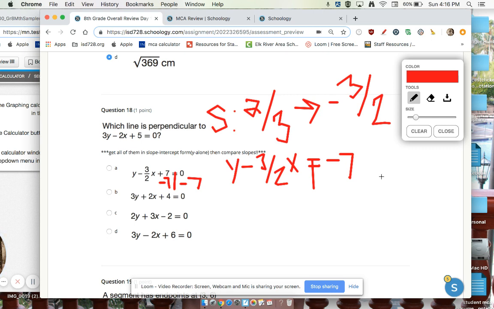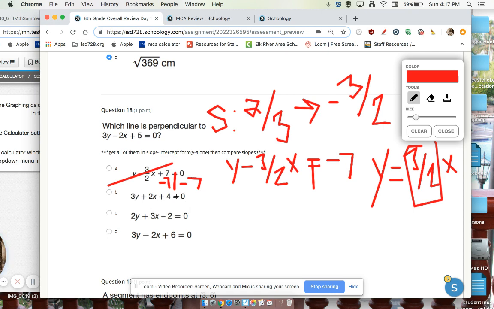It's not a match because I need it to be negative 3/2. But when we moved it over, it was a positive. So I'm just comparing the 3/2 x, and that's not a match. So that's not perpendicular. Okay, next one.